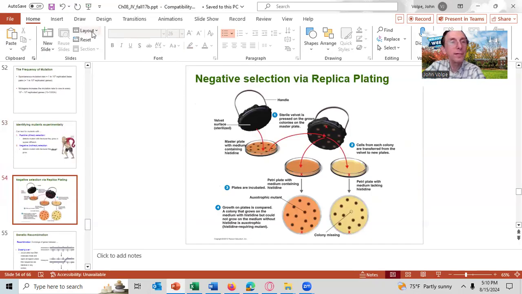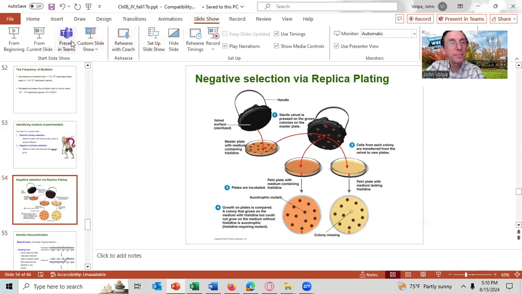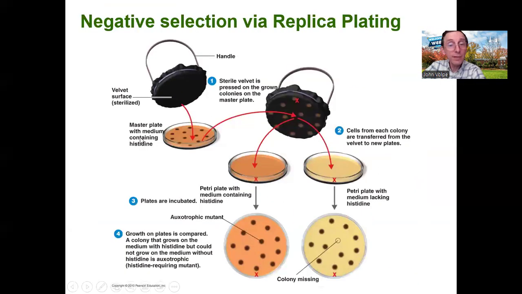Let me blow this up so you can see it better. I actually did this working with bacteria cells. You can get isolated colonies on a plate and then stamp it with a velvet stamp. It's just a velvet piece of cloth. And then the cells will get on the velvet.